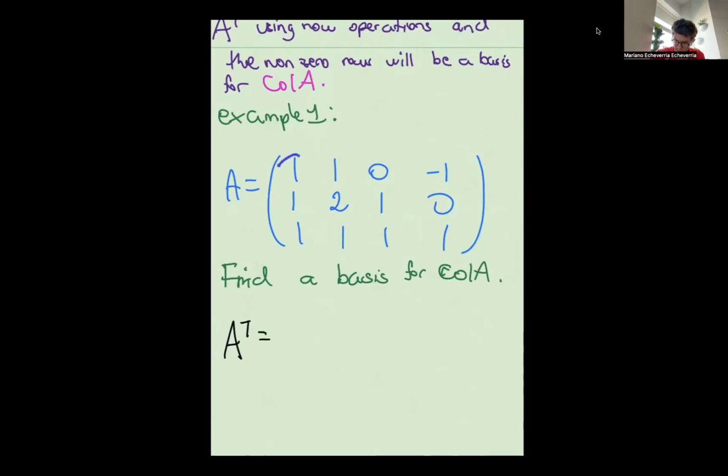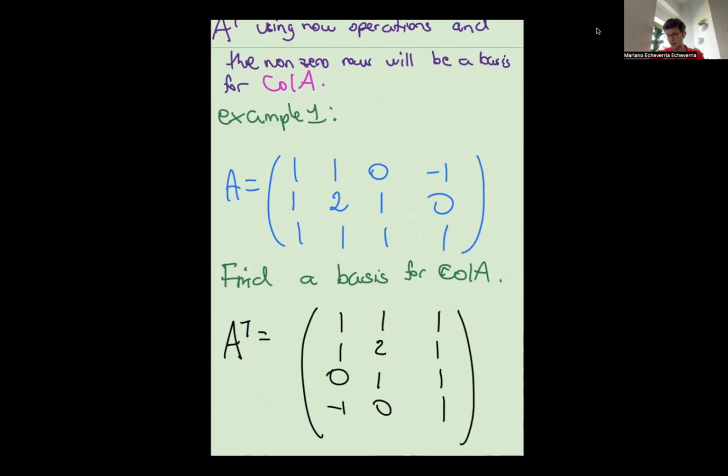Well, this row becomes the first column, this row becomes the second column, and this row becomes the third column. Does that make sense? The transpose is just turning rows into columns, and that's it.